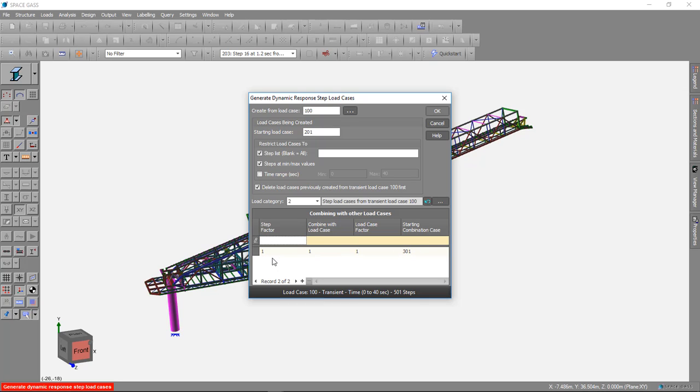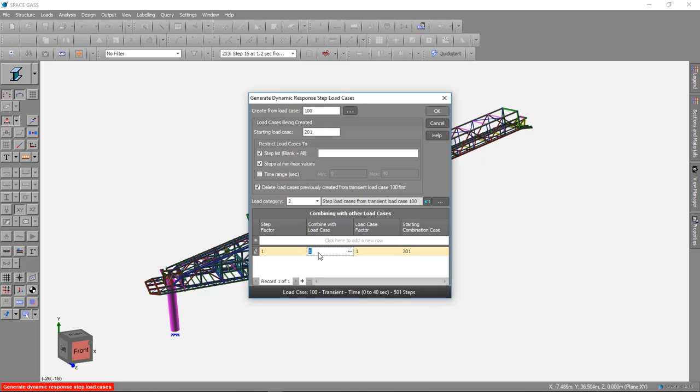So with that line there, what I've done here is create some combination load cases that start with number 301, and they factor up the step load cases that are starting at 201 by a factor of 1, and they're combining those with load case 1 factored by 1.